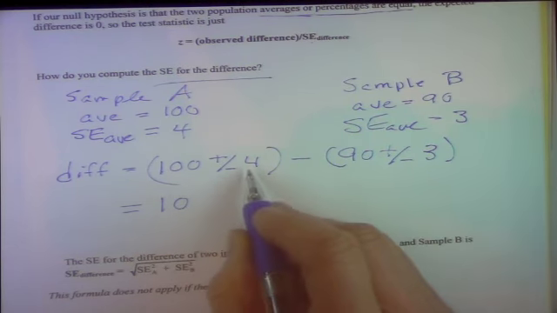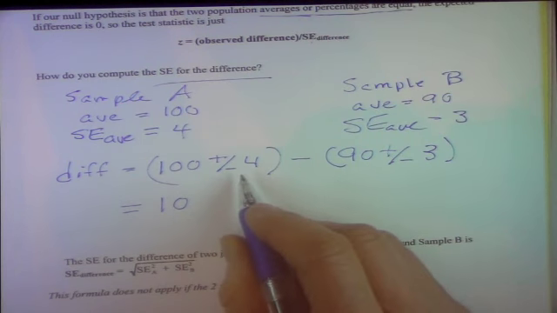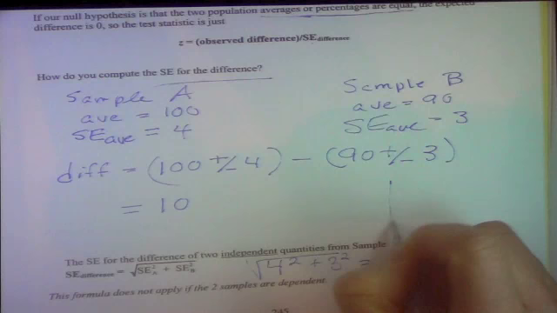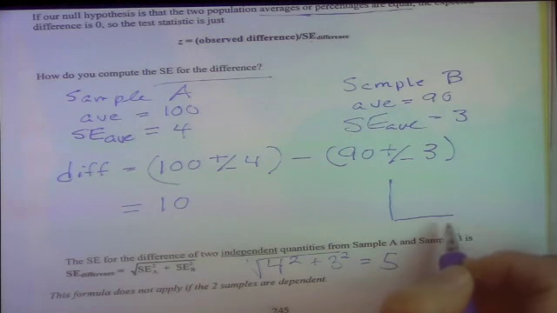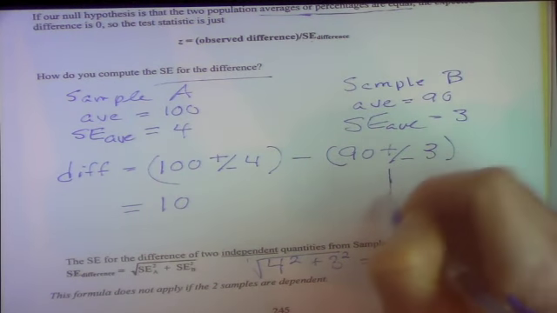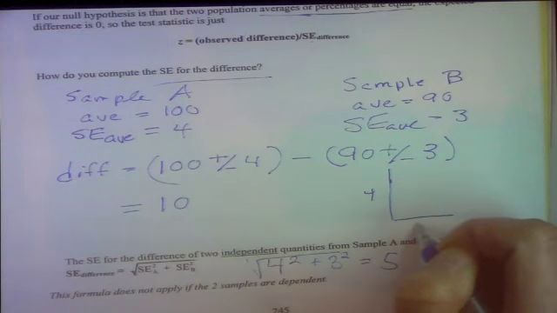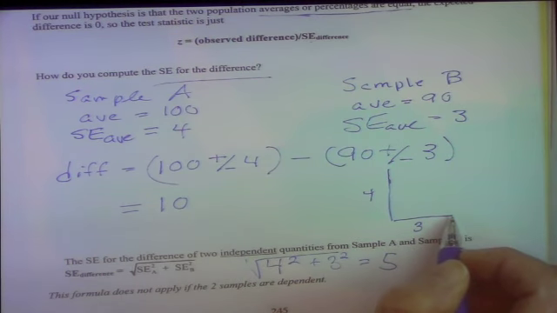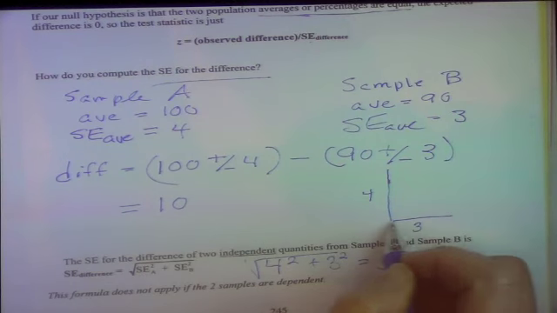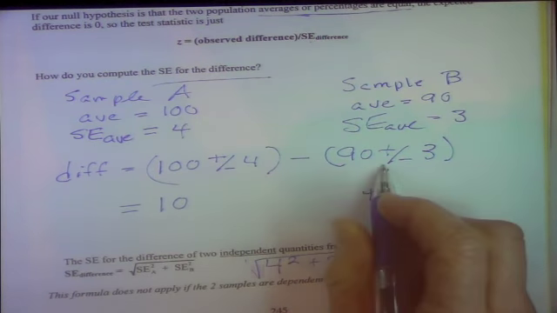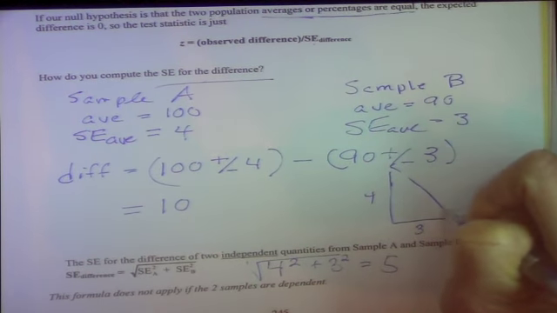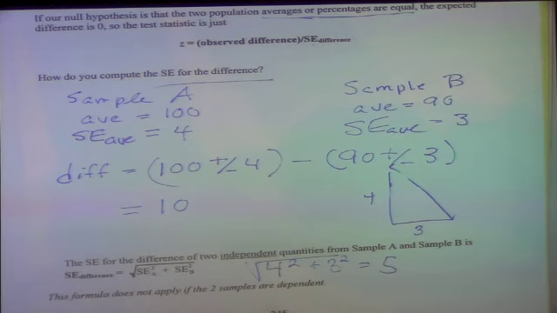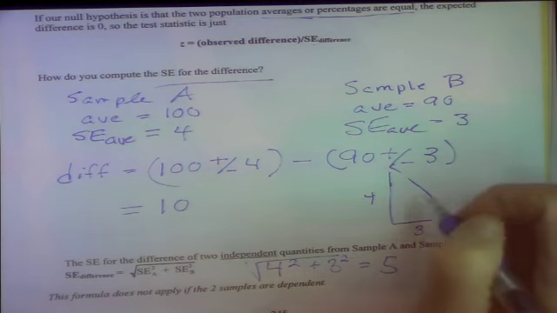So you get an error of 4 from this one, and an error of 3 from the other, and this is 4, and this is 3, and the biggest error would be 7, but really, the way that we combine them is by the hypotenuse of that triangle, which is 5.